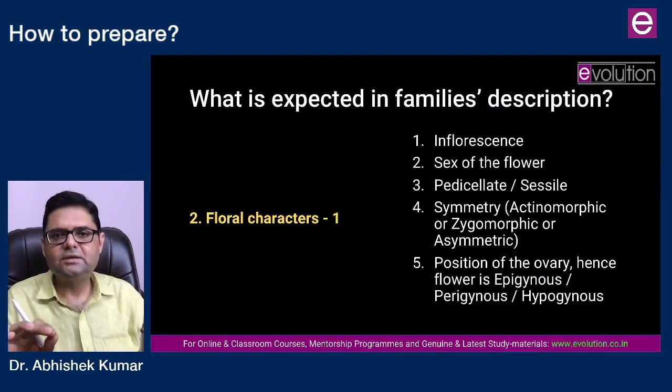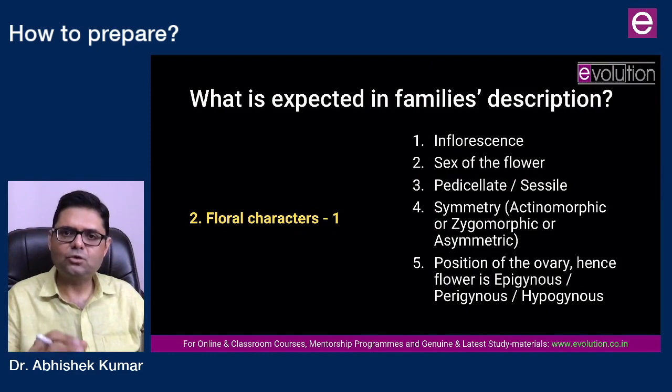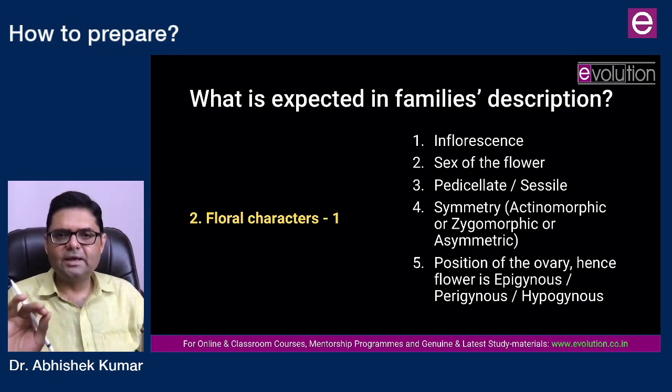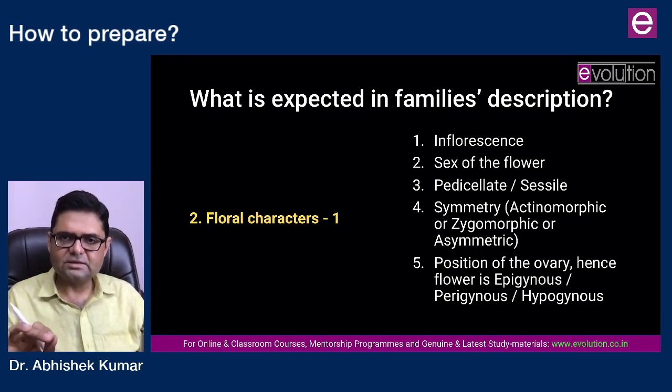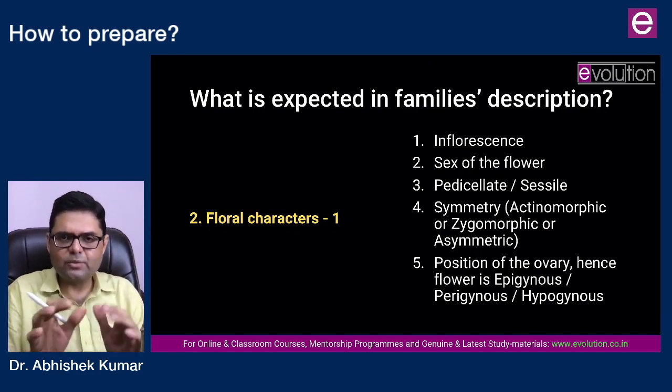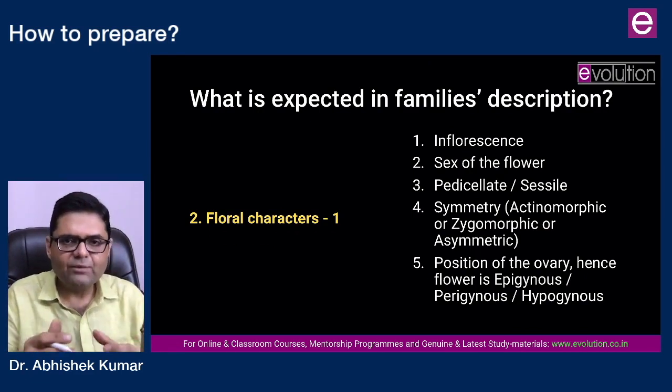Next, directly jump to the floral characters. That means don't get into leaf morphology or the modifications of a stem, and so on. There is no need to. If I scan the last 25 years of questions, I would not find any question on leaf morphology or stem morphology.